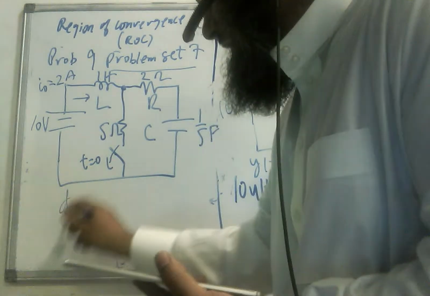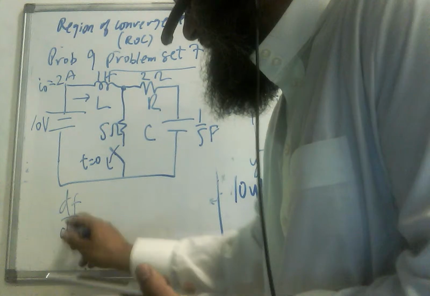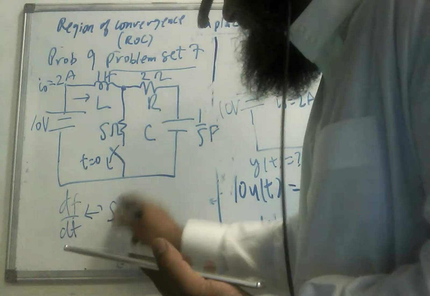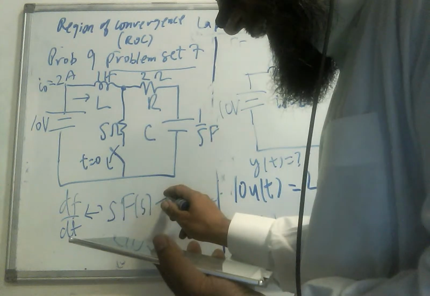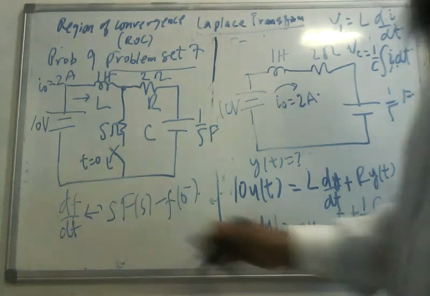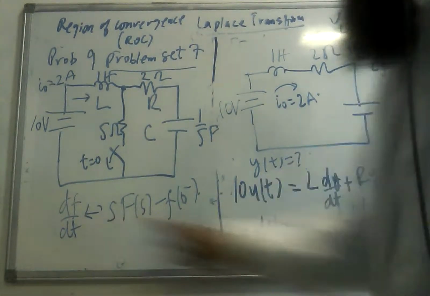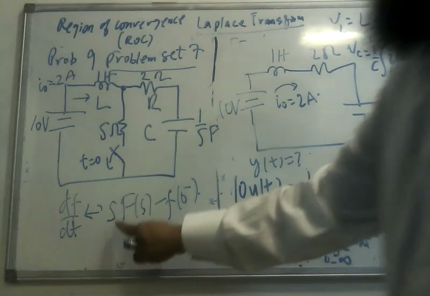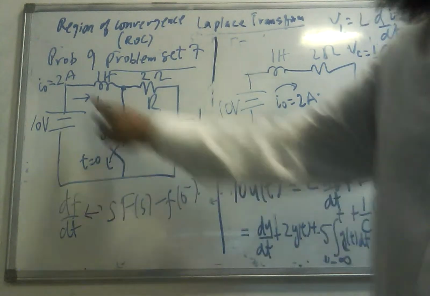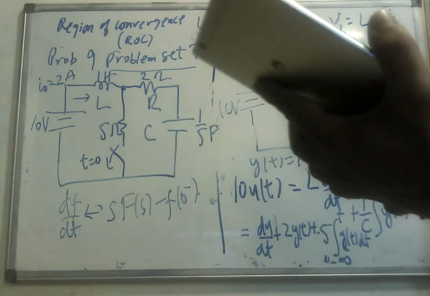The Laplace of a differential is s F of s minus F of 0. Which means that if I want to find the Laplace of a differential, it will be s multiplied by y of s minus the initial current, which is 2 amperes.